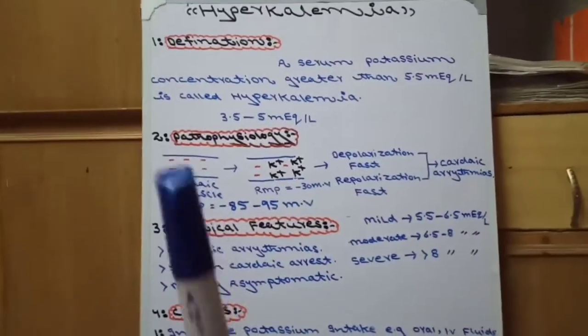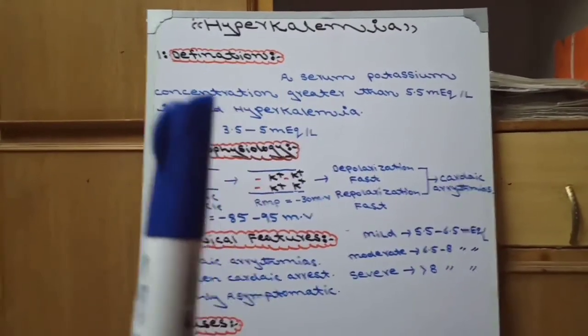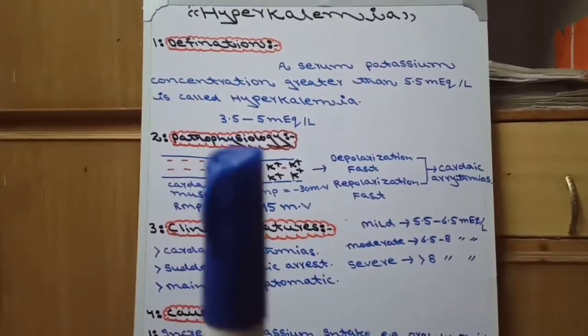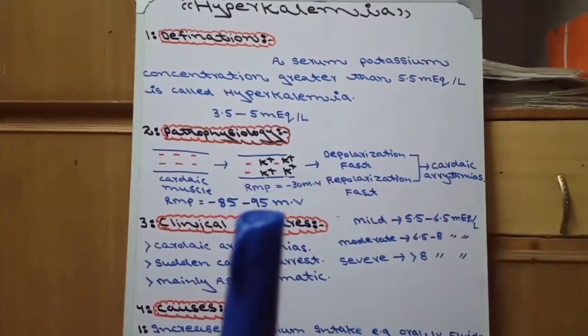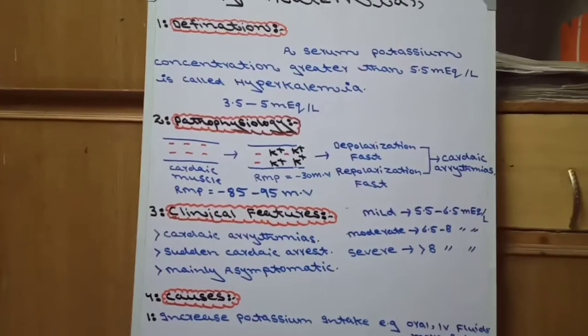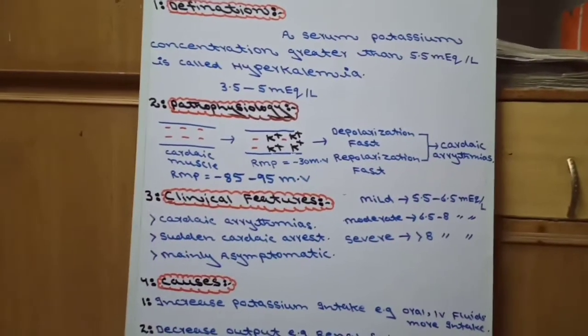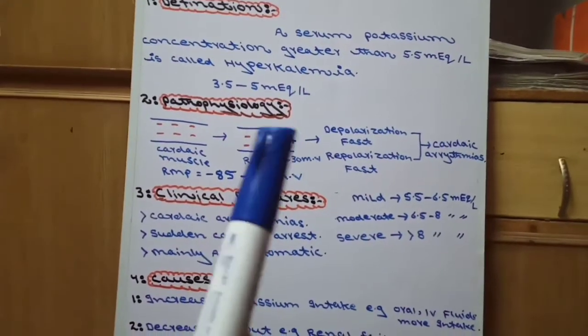Now, in hyperkalemia, when serum potassium concentration increases, the potassium concentration inside the cardiac muscle also increases, because through the sodium potassium ATPase the potassium will move inside.